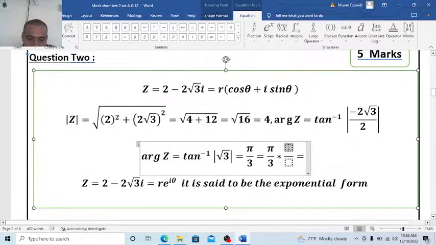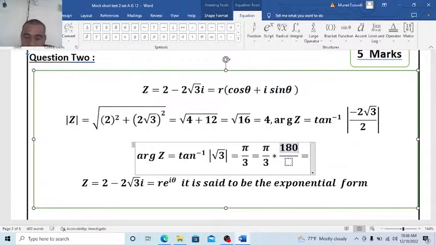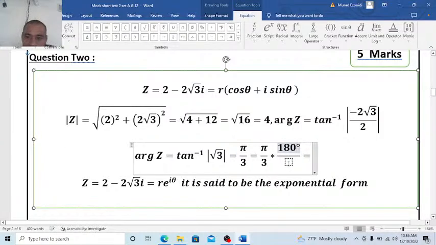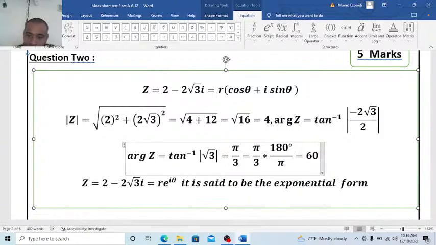The pi and pi will be removed. 180 divided by 3 gives me only 60 degrees, if you would like to convert to degrees.